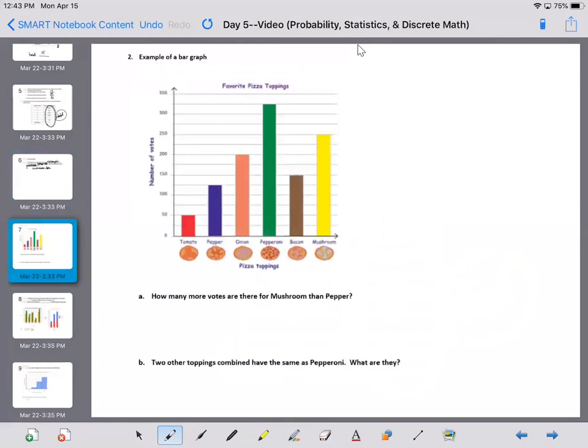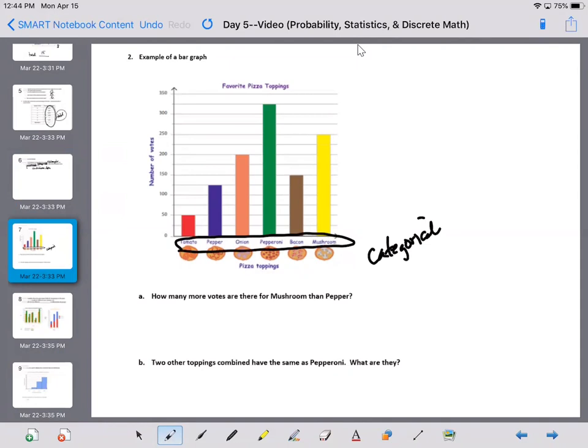So in this example, we've got a bar graph. Notice that you do have some spaces. Sometimes people say, well, bar graphs have the spaces in between. And that is true, because if you look at what they're measuring, tomato, pepper, onion, pepperoni, bacon, mushroom, this is what you would call categorical data.